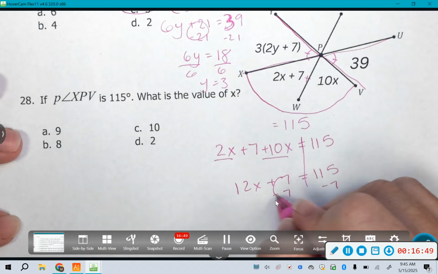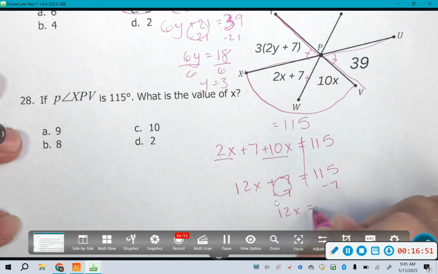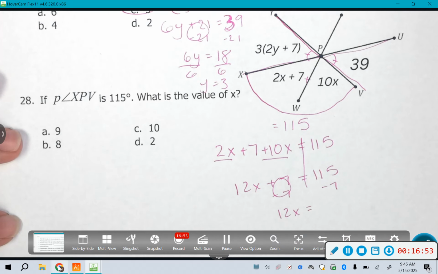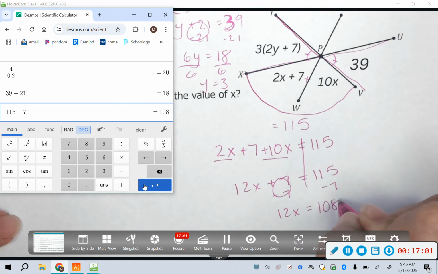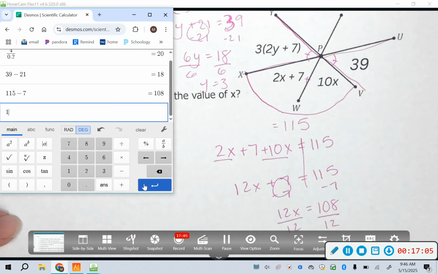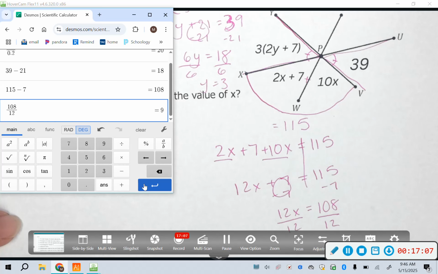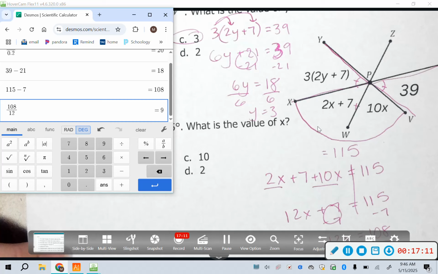Minus 7, minus 7. I get 12x equals 108. Divided by 12, divided by 12. And that equals 9. So A is my answer.